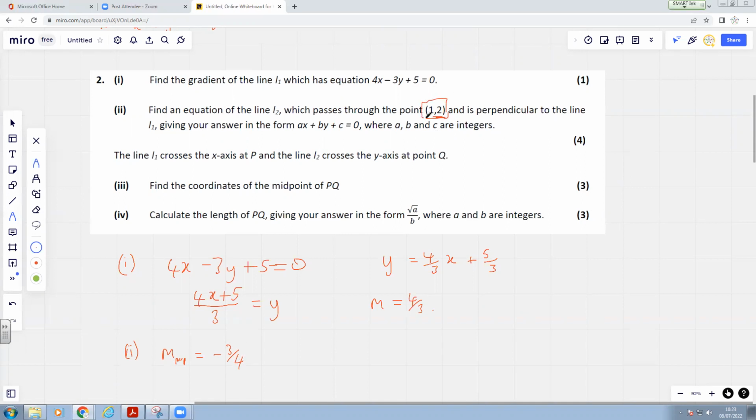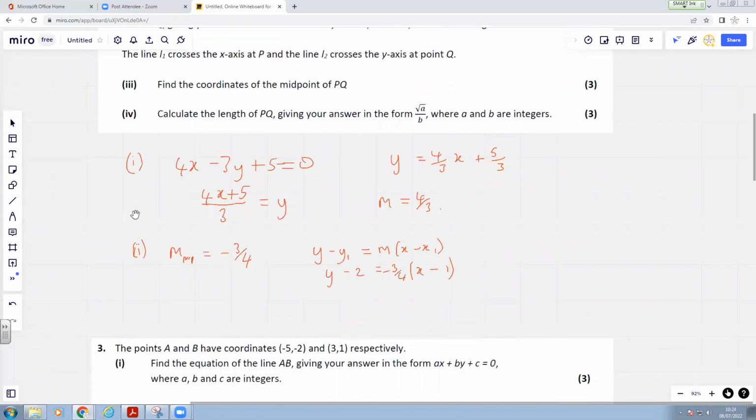So what I can do now is plug this into y equals mx plus c, or y minus y1 is m times x minus x1. I'm going to try and encourage you to use this formula because it is slightly easier, really. The y1 and the x1 stand for a point on the line. m stands for the gradient. So we get y minus 2 is minus 3/4 times x minus 1.